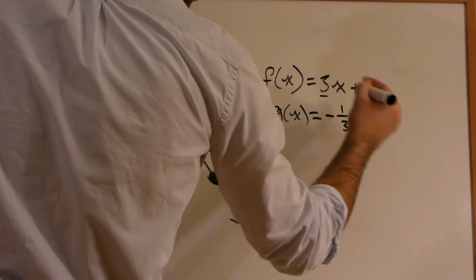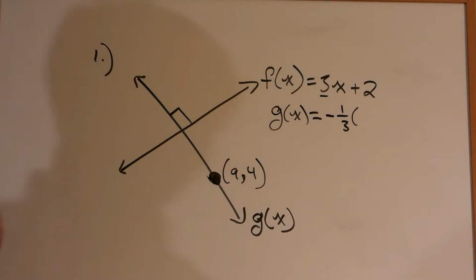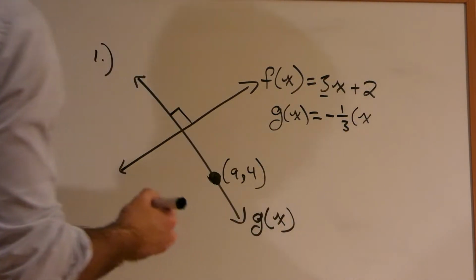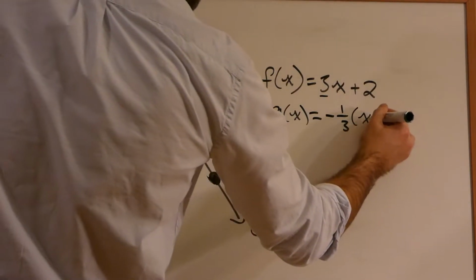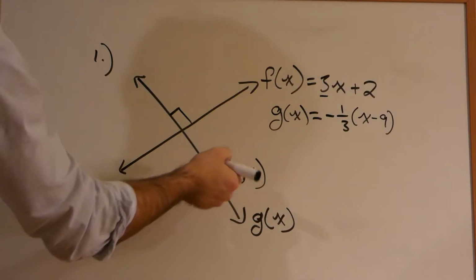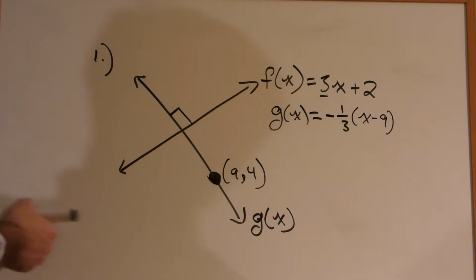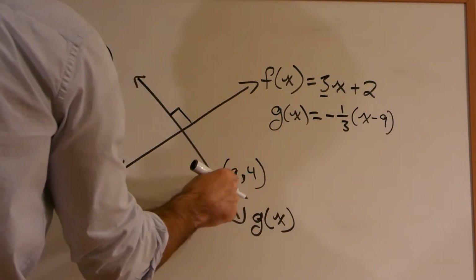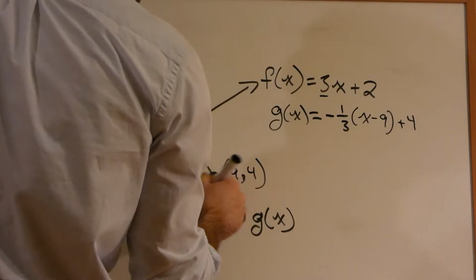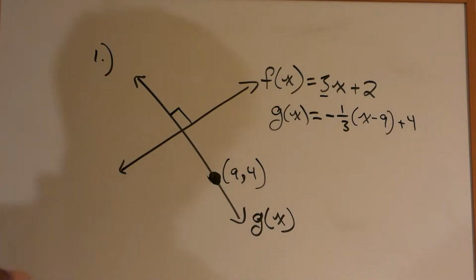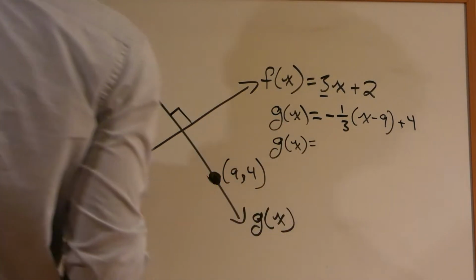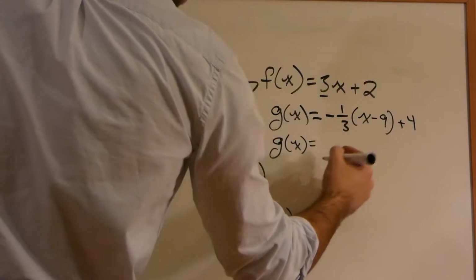And then what we're going to do is the same thing that we were doing earlier. Remember, x minus whatever the x coordinate is of our point. So we're going to write 9. Again, this point is contained on g of x. So you go x minus our x value, plus our y value of that point. And from here, it's just algebra. g of x is equal to distribute the negative 1/3.